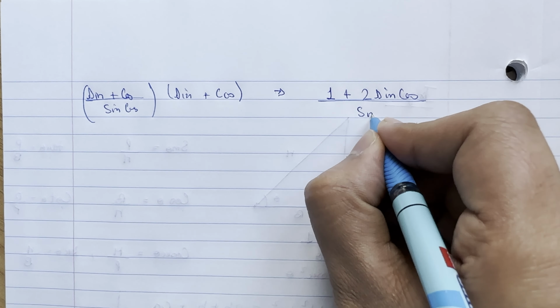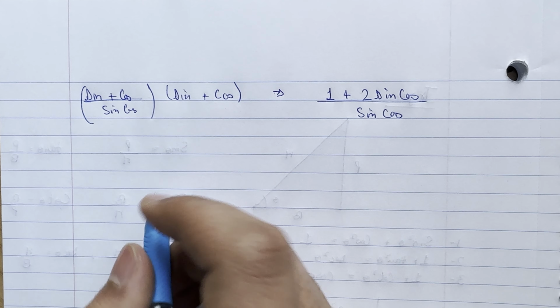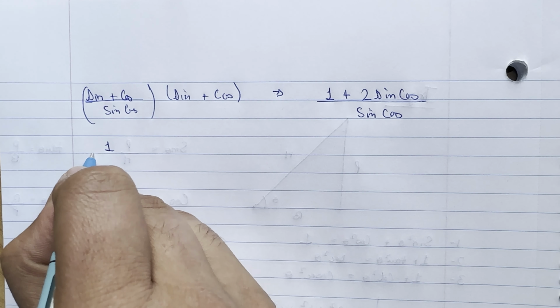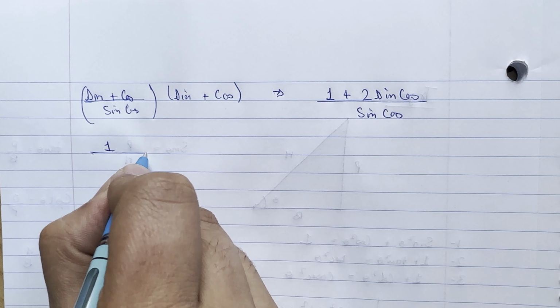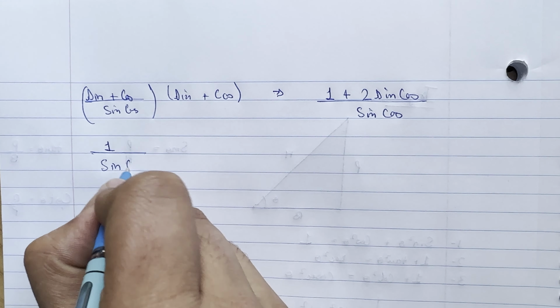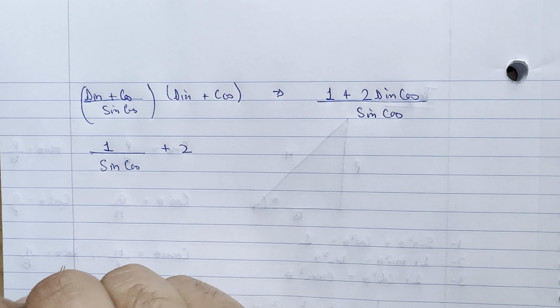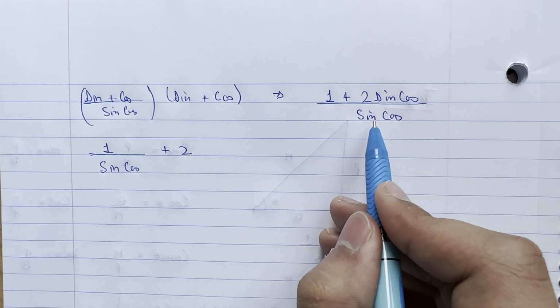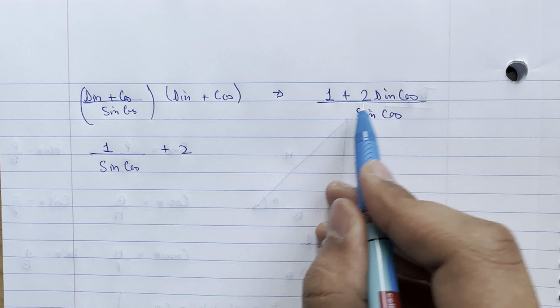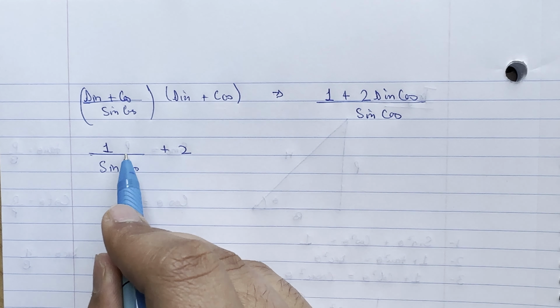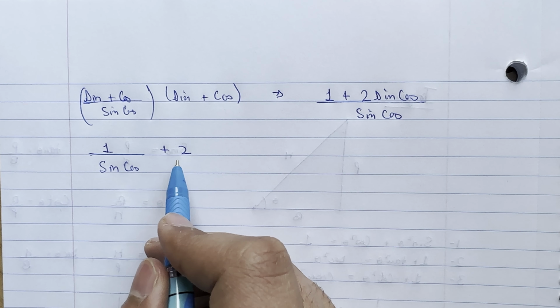It's simple, I just open the brackets and solve it. Now I can write as 1 by sine cos plus 2. So just 1 upon sine cos and plus 2 sine cos divided by sine cos. Sine cos by sine cos is cut. So 1 upon sine cos plus 2.